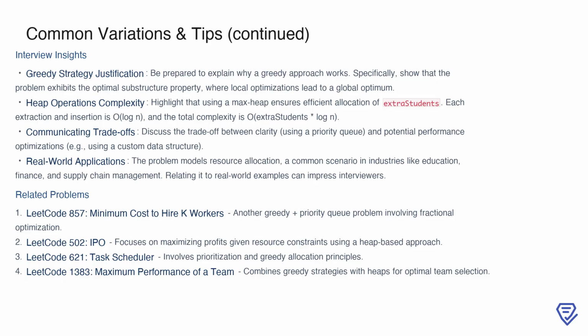LeetCode 857, for instance, involves hiring workers with a similar greedy approach. LeetCode 502 focuses on maximizing profits under constraints, while 621 and 1383 both incorporate prioritization and heap-based optimizations. These problems share underlying principles that reinforce your ability to identify when and how to use greedy strategies effectively.